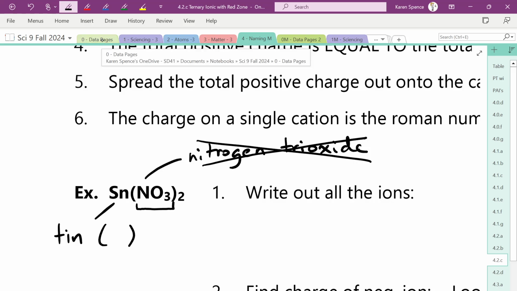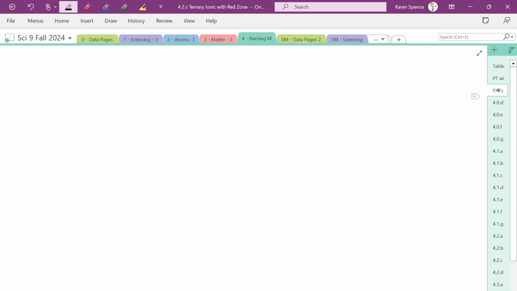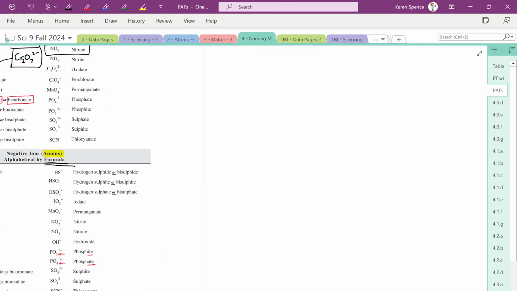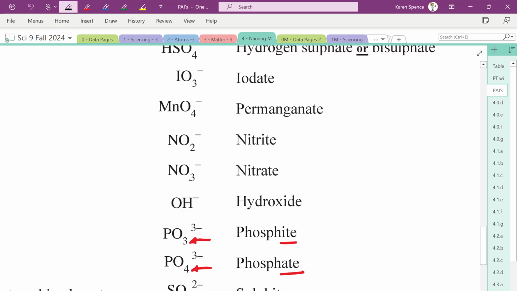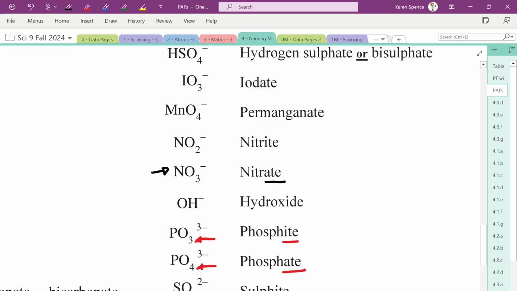We're going to look on our data pages and we'll look on our polyatomic ions. NO3 is nitrate. Watch out if you have NO2, that's nitrite. So just be careful and make sure you're like, oh, it's NO3, not NO2, so it's nitrate.